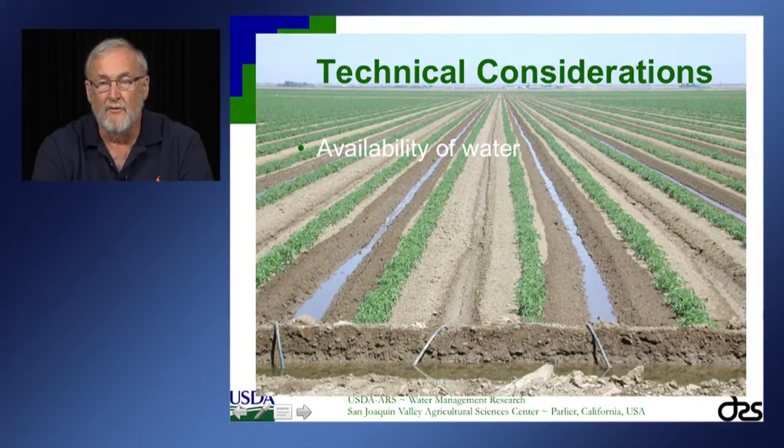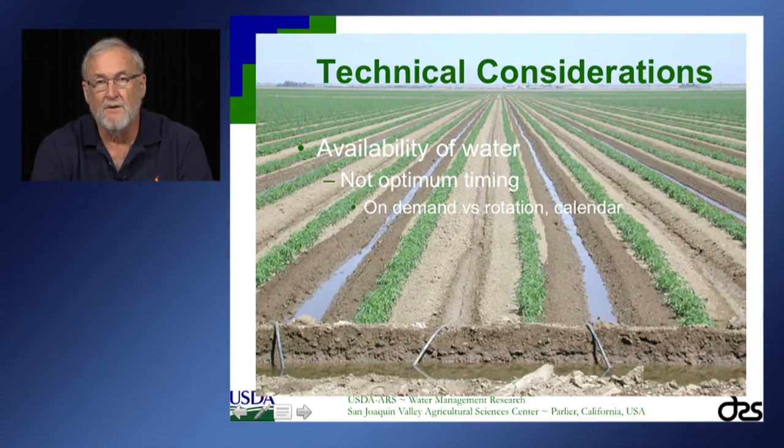Availability of water, I brought this up several times, and the aspect of it is having water available when you need it. It's one thing to say, well, I have sufficient allocation of water, but can you get that water when you actually need it? Is it going to be on demand or a rotation, the calendar system that we talked about?